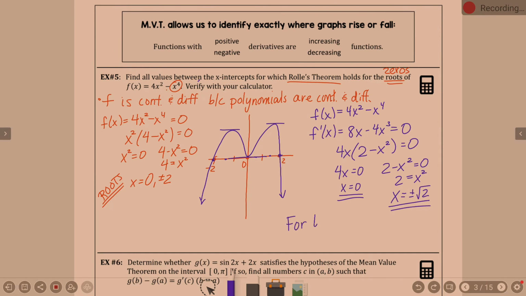So for the interval -2 less than x less than 2, Rolle's theorem applies for x equals -2, 0, and +2. Did I have anything else there? No.